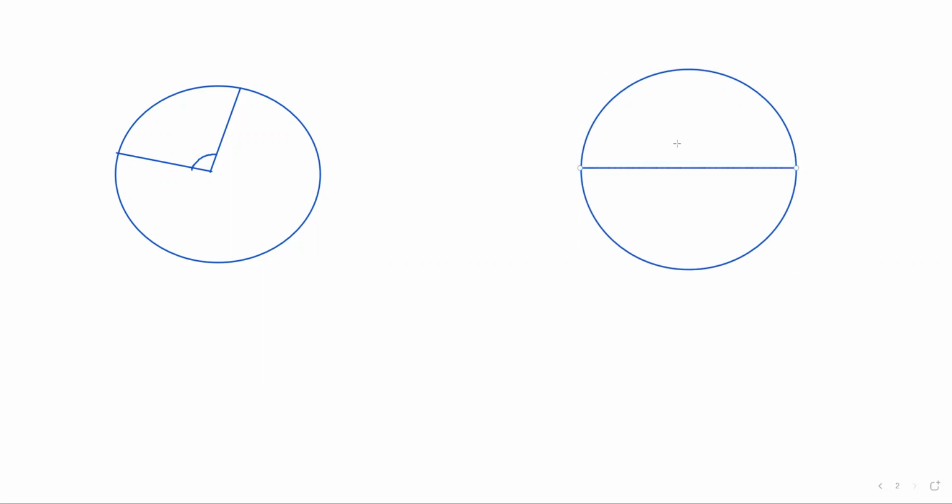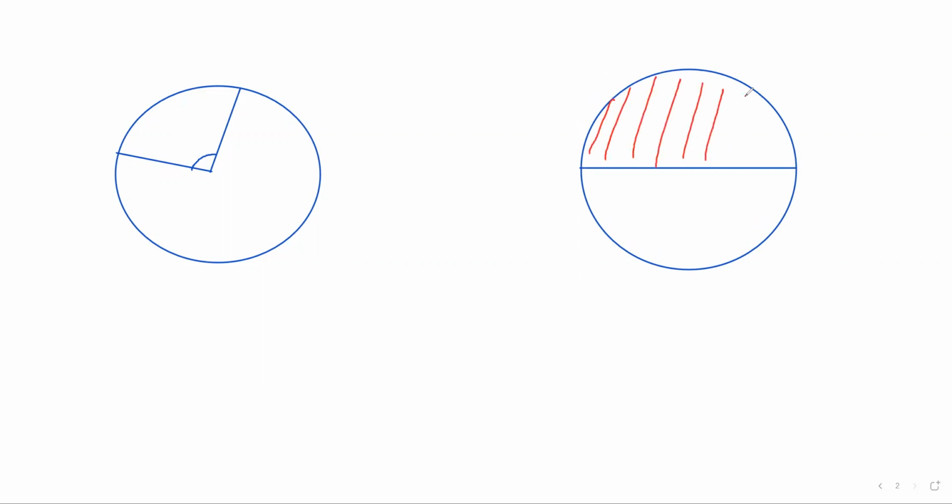Let me draw one more circle here so that I can tell you about the half of the circle first of all. Now suppose here it is the circle. Acha, now one more interesting thing. Do you know this region over here, the semicircle?